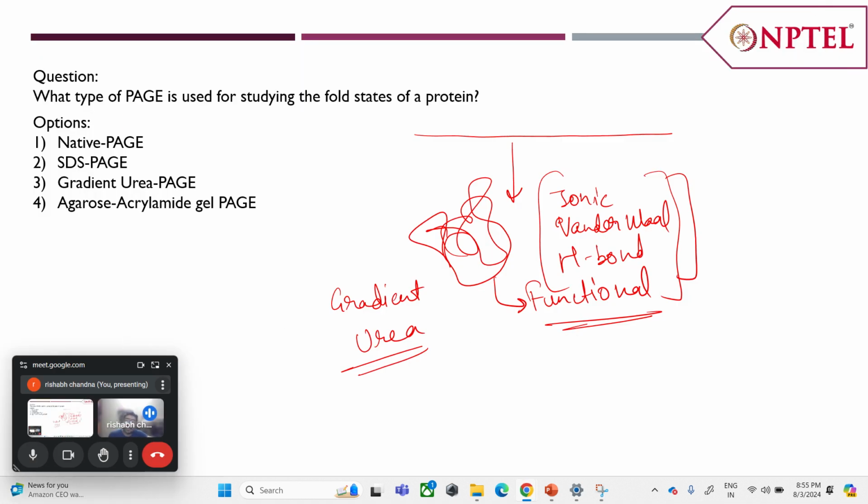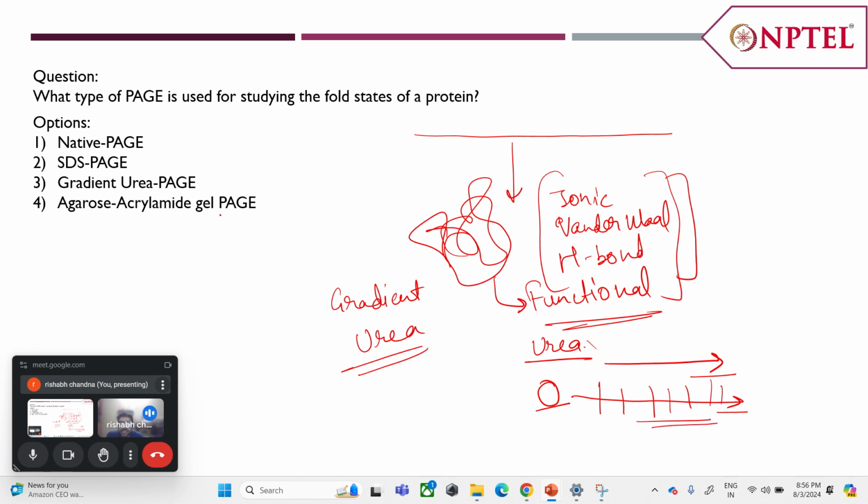Such that if we are using a low concentration of urea, that would break some amount of interactions, but some of the interactions would still be there. Then increasing the concentration of urea would lead to fully denaturing the protein, and in between we can study different folded states of a protein. So here gradient urea PAGE would be the answer for studying the fold states of a protein.